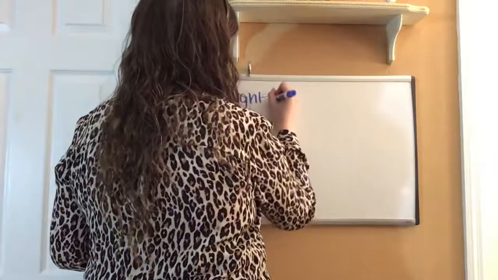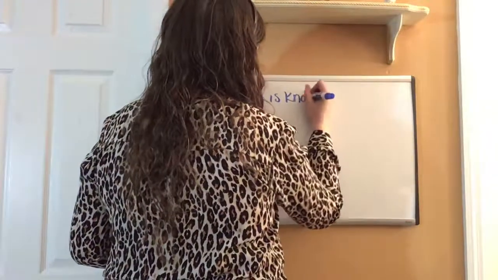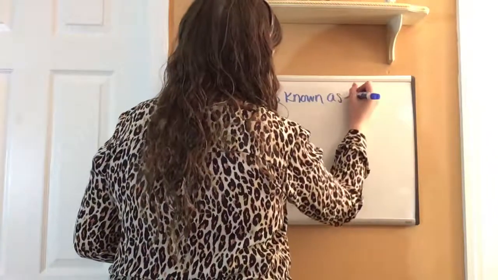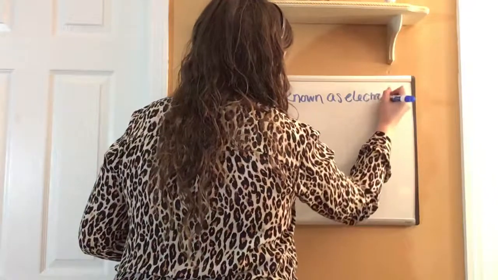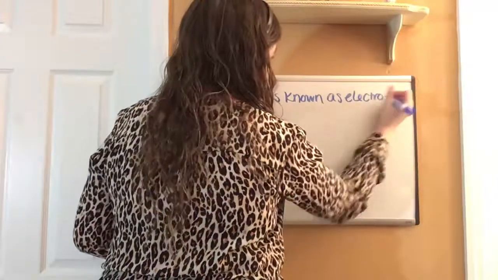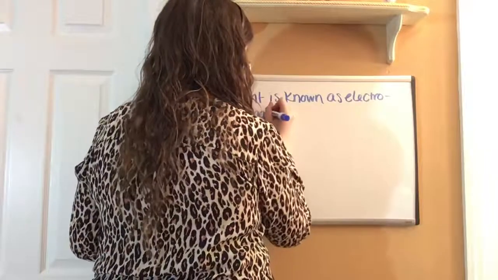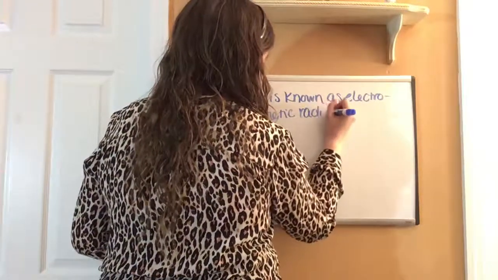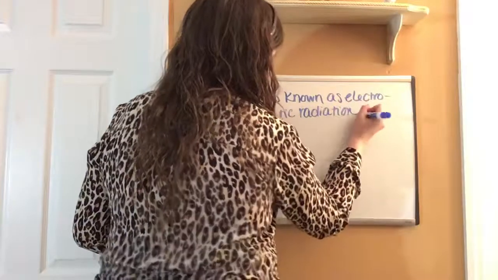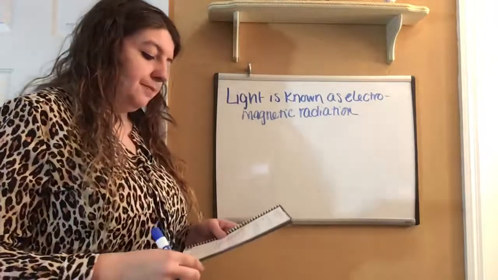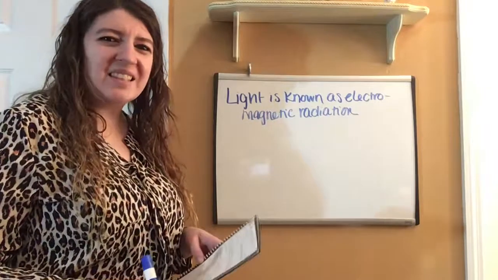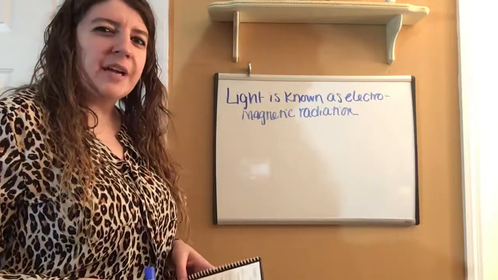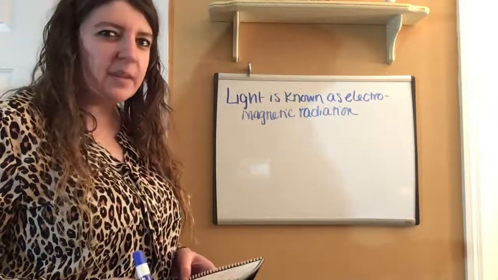is known as electromagnetic radiation. Okay? So light has a lot of different things. We're not just going to see it within the visible spectrum. Light also exists outside of that.